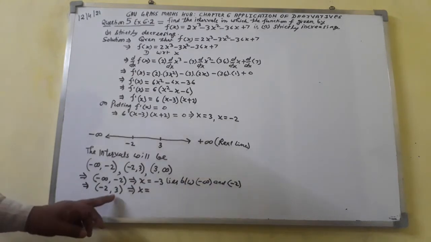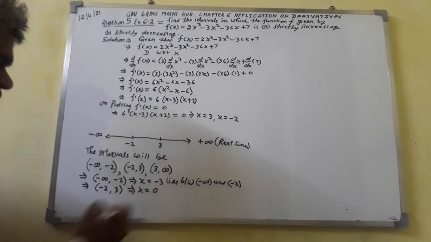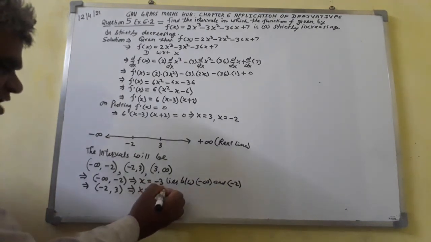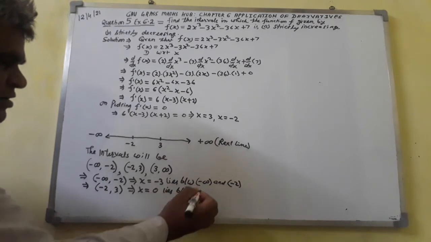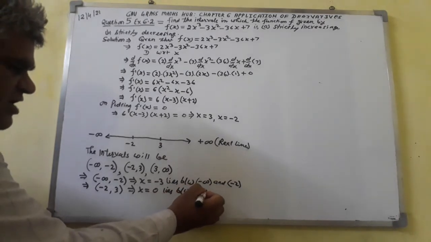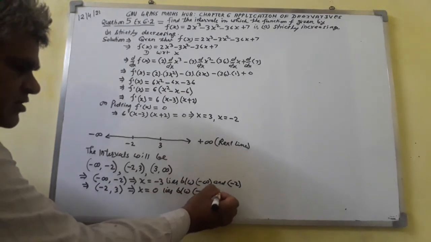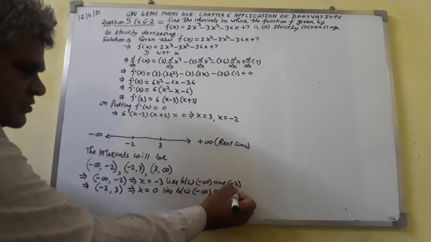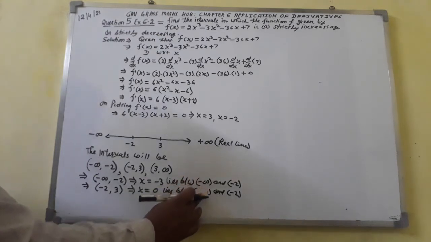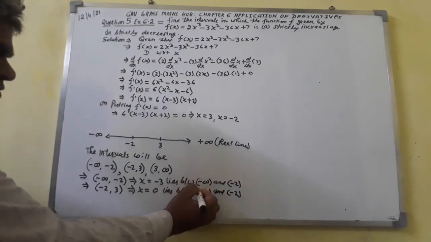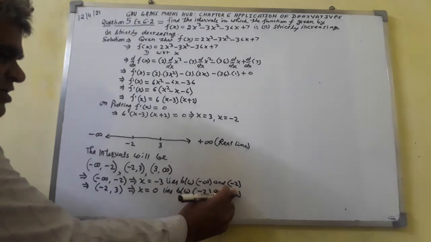x is equal to, let x equal to 0, lies between minus 2 and 3.